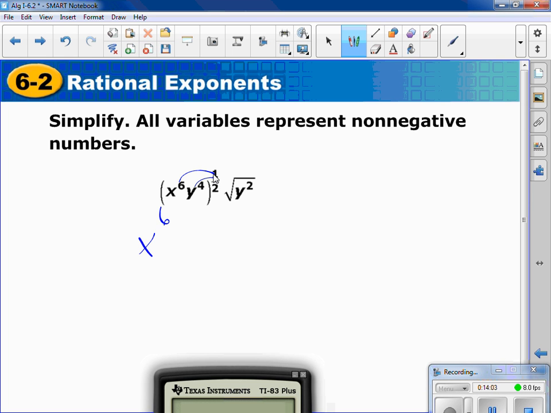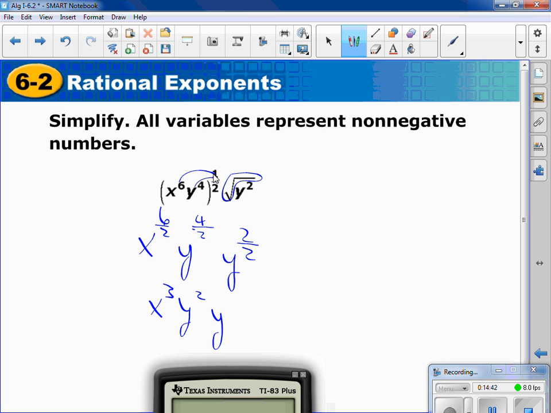It's really x to the 6 over 2, y to the 4 over 2. Now, what does that radical mean? It's a square root, which means it's y to the 2 over 2. What's 6 over 2? 4 over 2. 2 over 2.